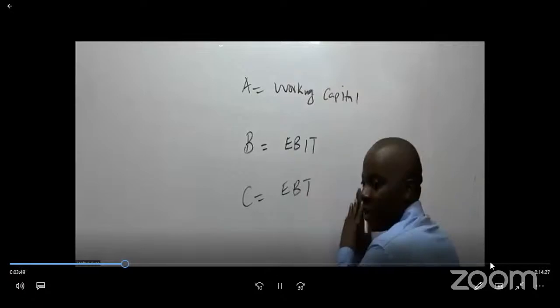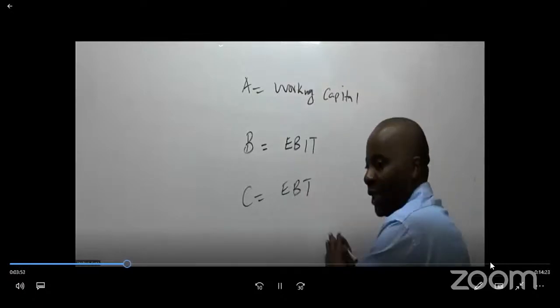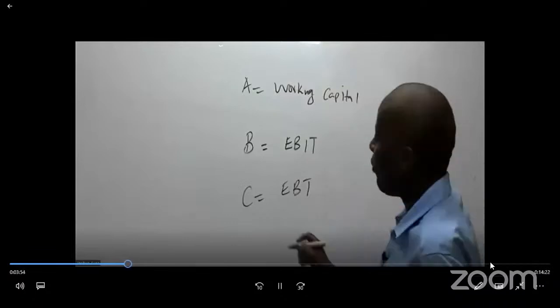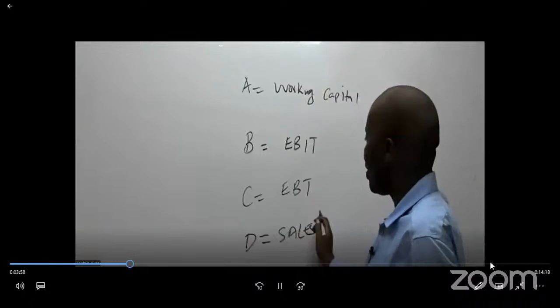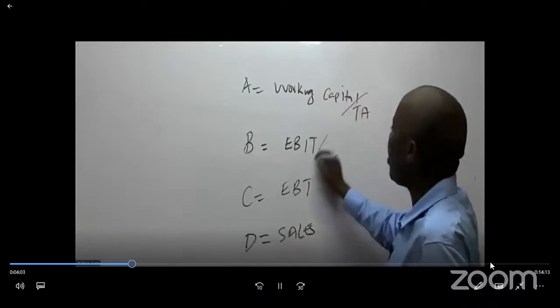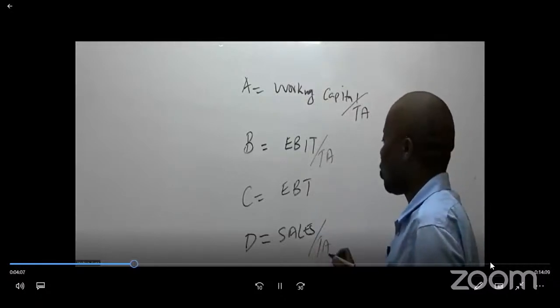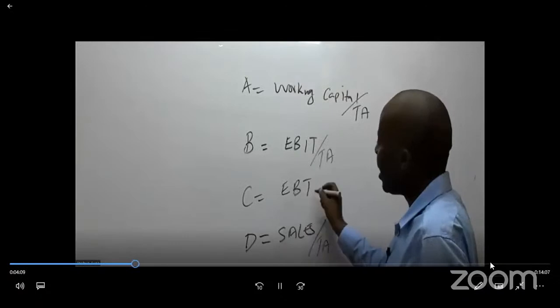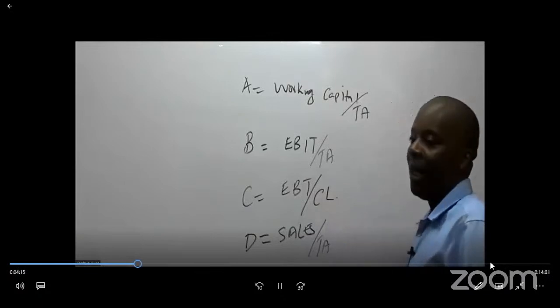I mean, you have already subtracted interest. And then we have D, which is the sales ratio. Remember that these three have a common base: total assets. But when you talk of EBIT, you will come here and divide with current liabilities.